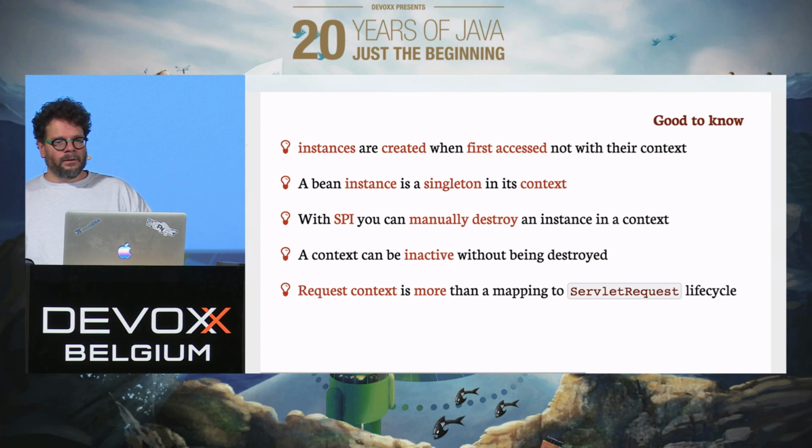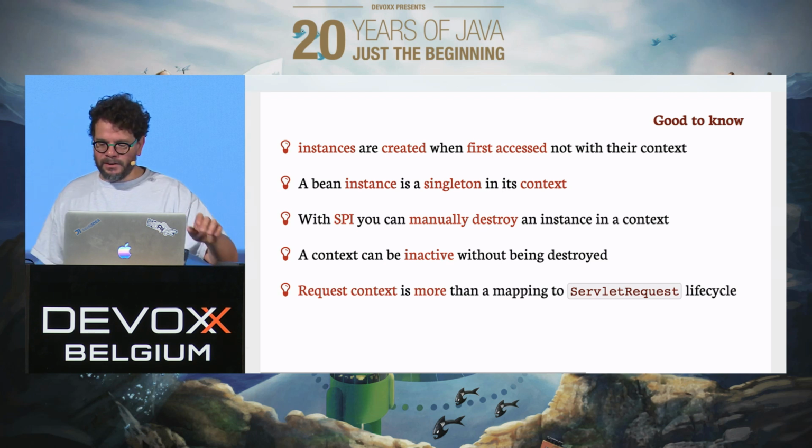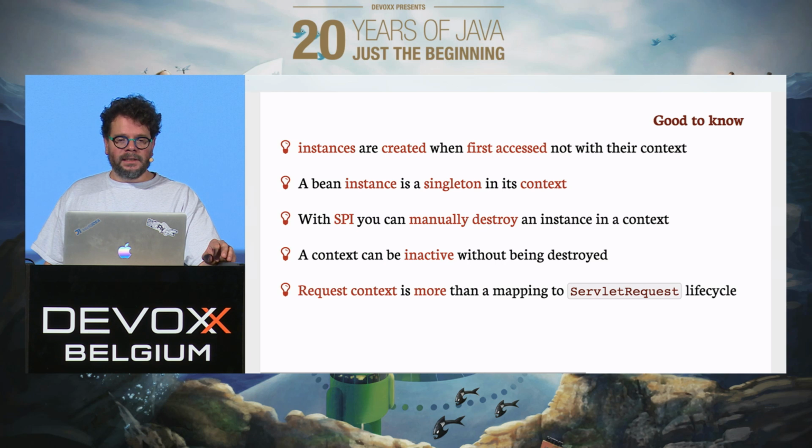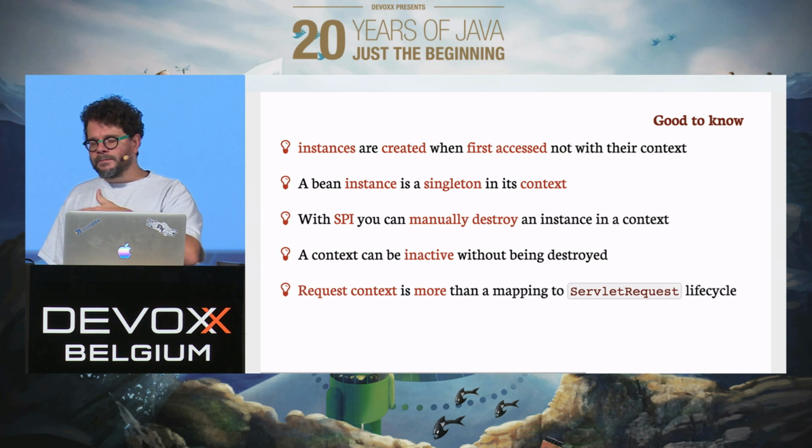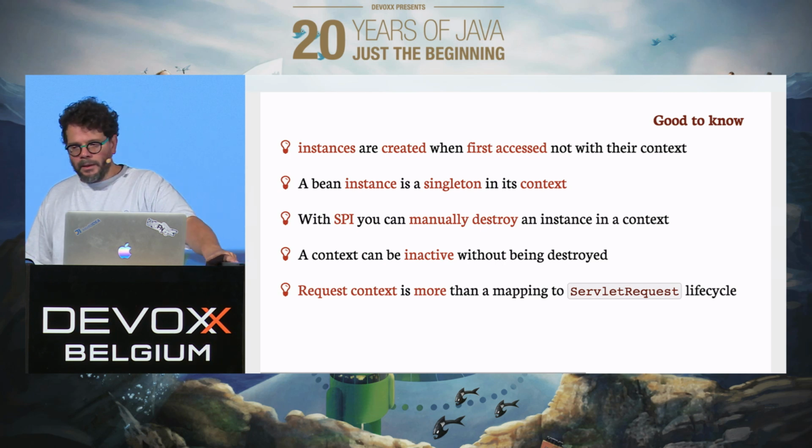In CDI 1.1, and we probably will use it later, you have the possibility to manually destroy an instance in a context. You can sometimes have the need to destroy a bean instance without destroying the context. You can also have a context existing but inactive.